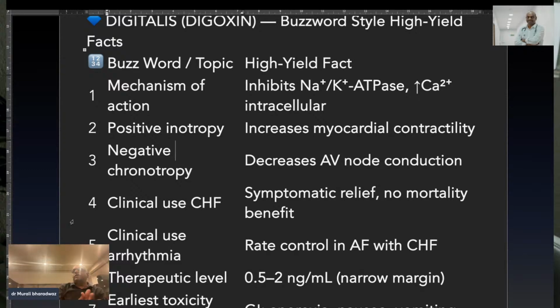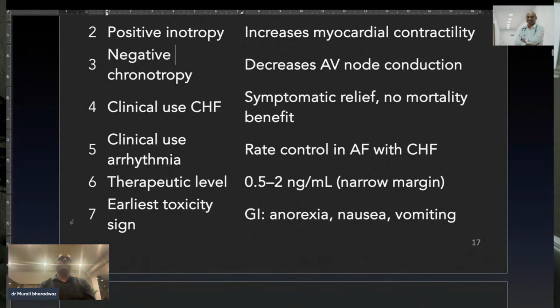That is the underlying cause. Also, digitalis has a vagomimetic effect. It will stimulate the vagus, and that will cause the AV node to get blocked and slow down the heart rate. That is the reason for which we use digitalis in case of atrial fibrillation, for its vagomimetic activity to slow down the heart rate.